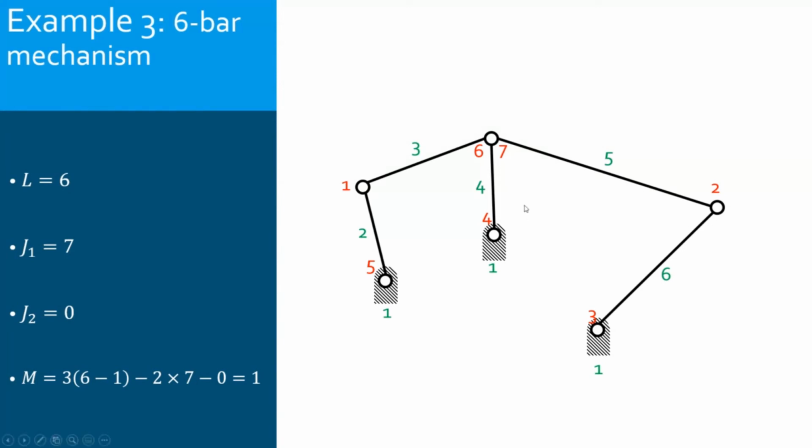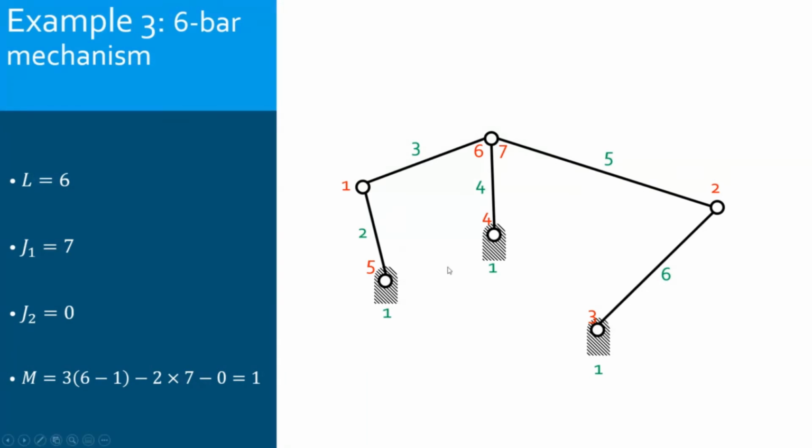I'm just drawing here the connections of the ground. Even though here there are multiple connections with the ground, it is only one body, one link. So even here I have 3 connections with the ground, I consider this as only one link and one ground. There will always be in a mechanism only one ground.